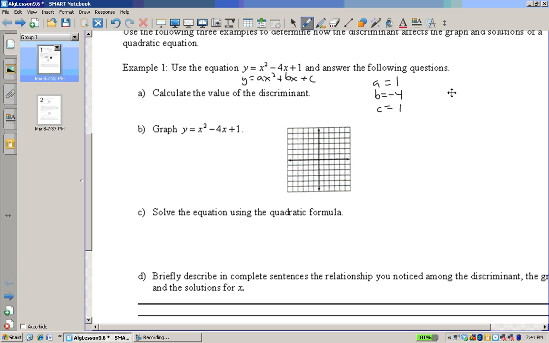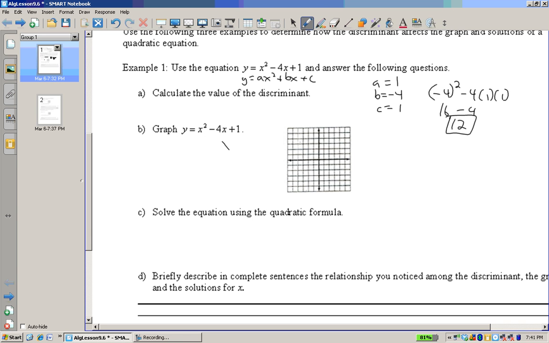So b squared minus 4ac, so that's b, got to put that in parentheses, squared minus 4 times a times c. That's going to be 16 minus 4, or 12. So the discriminant is 12. The discriminant is positive.